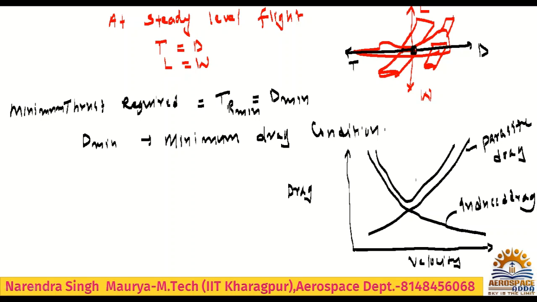Parasite drag is denoted by CD naught, and induced drag is denoted by CDI.